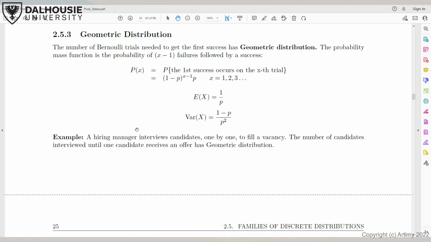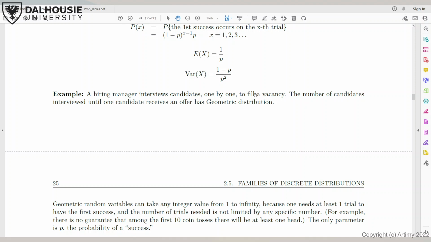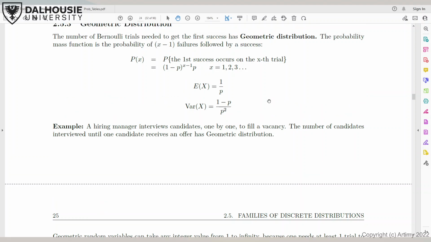All right, so we'll keep that for now and revisit later. But before we leave, we can actually find the average. If the hiring manager is looking just for the average number of interviews I'm going to make to get the right person, in this case it's 1 over p.